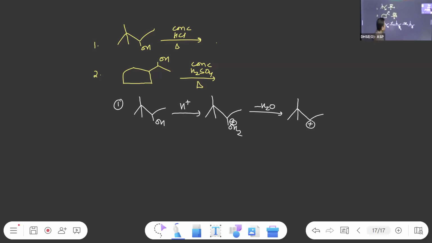Second step. What is the third step? Now rearrangement of carbocation, that is methyl shift. After the methyl shift, this is the carbocation intermediate. Then deprotonation to form the Z product.